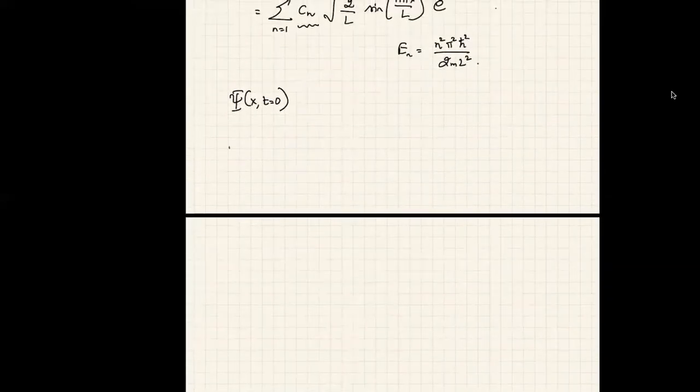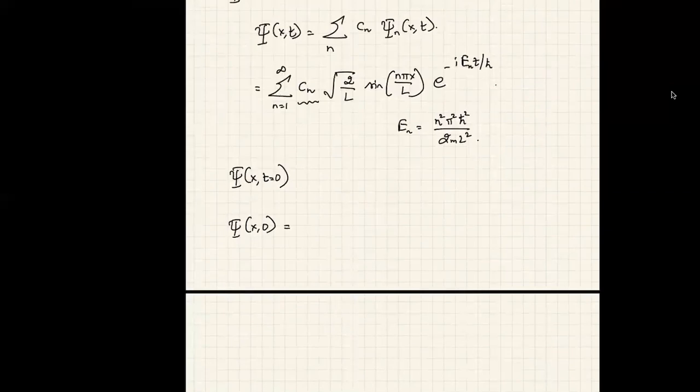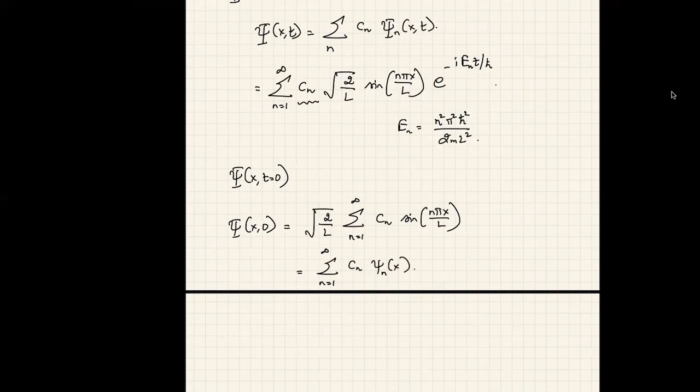So I will fit the general solution psi of x comma 0. I will write this again as a linear combination, but if I put time t equal to 0 in this equation, the above equation becomes square root of 2 over L times the sum from n equal to 1 to infinity of Cn sine n pi x over L. Or I can write this as the sum from n equal to 1 to infinity of Cn psi n of x.